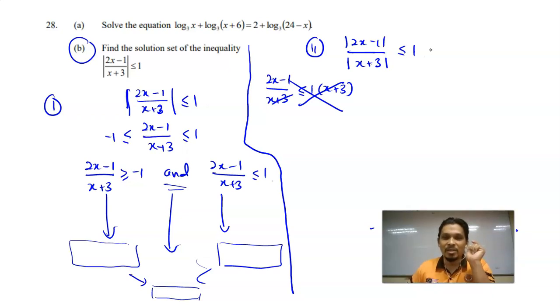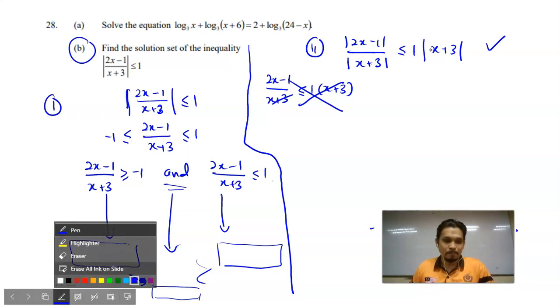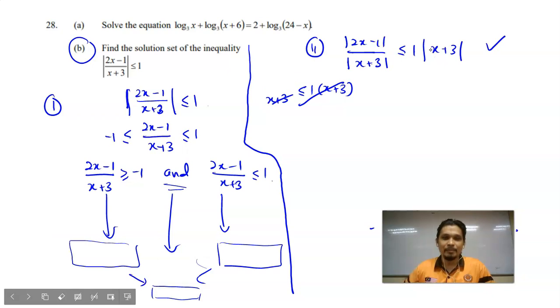But for this question, we have absolute values, which are always positive for all values of x. So we may bring x plus 3 here, and we are allowed to do so because x plus 3 is always positive for all values of x.